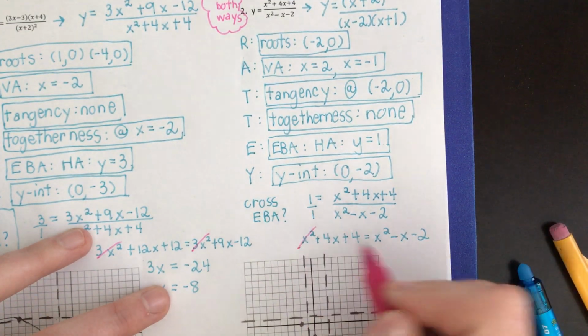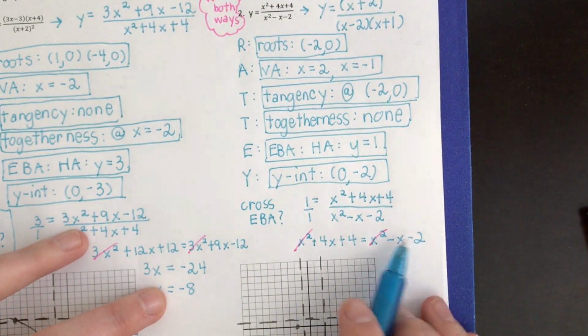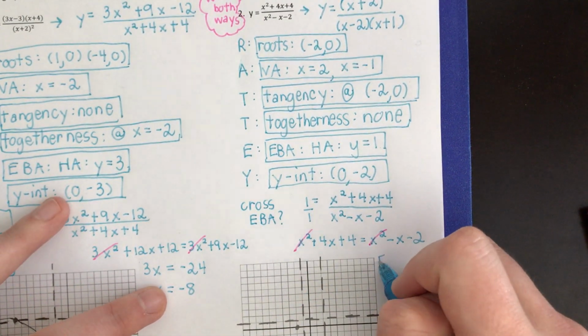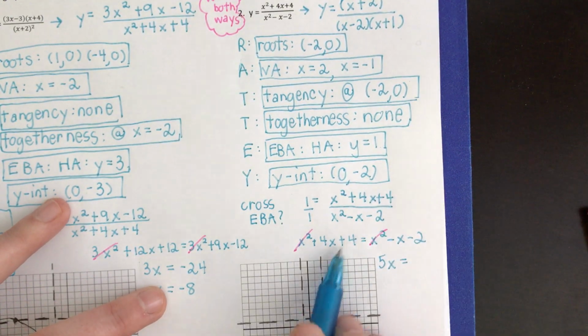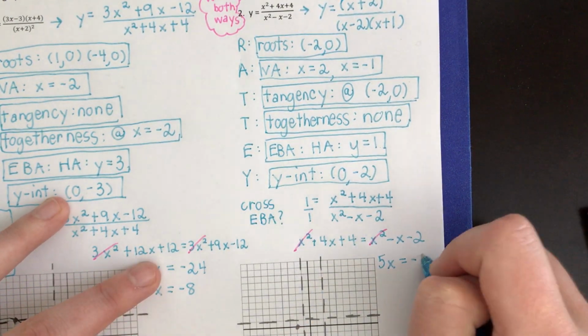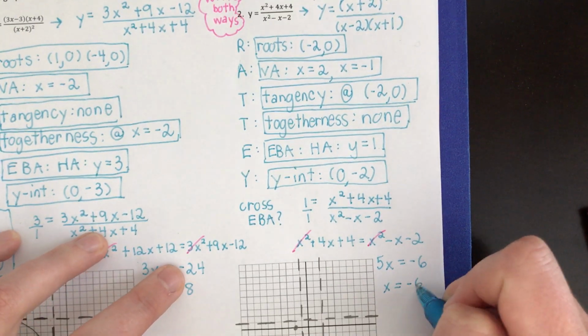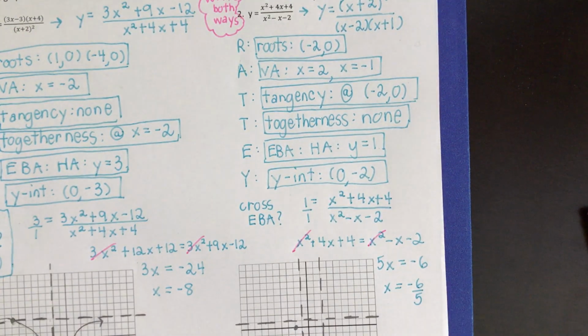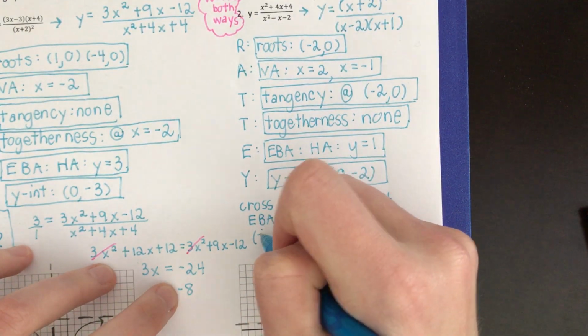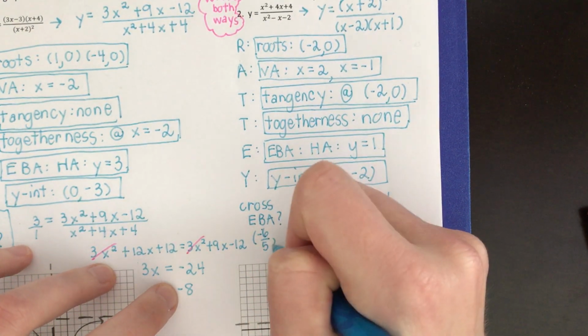So our x squareds simplify out. I'm going to move this x over here, so it's going to become 5x equals, I'm going to move this 4 over here, -6. So x equals -6/5. Well, that's just lovely.